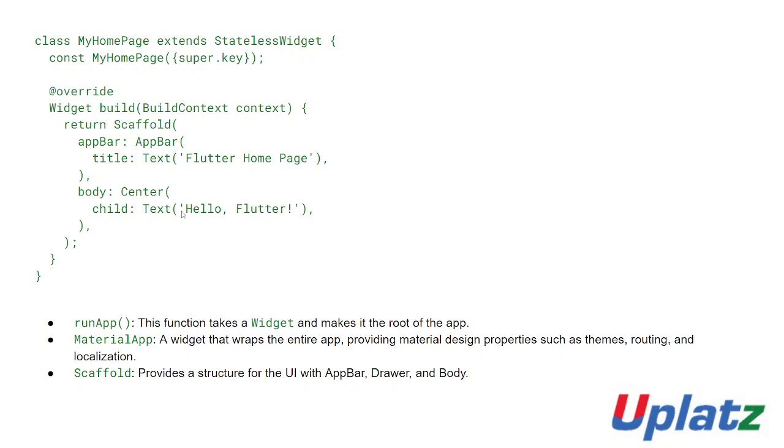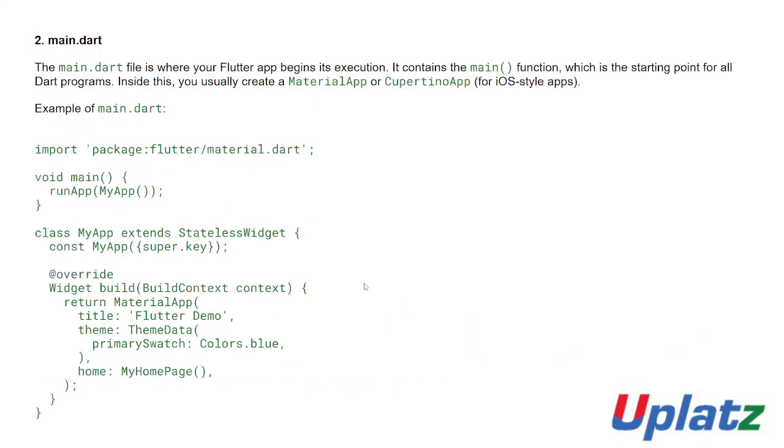It is a required argument. You have to give this. This is a text string. So within that body, then Center, then Text 'Hello Flutter'. runApp. This function takes a widget and makes it the root of the app. This runApp is the root of the app.